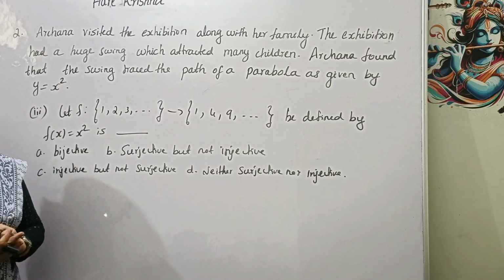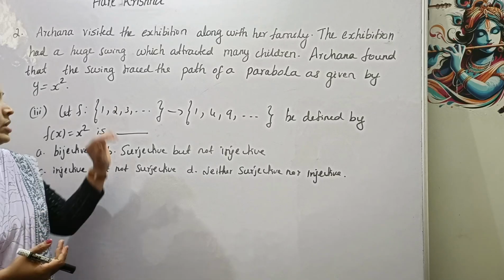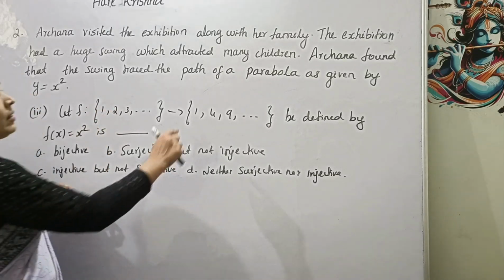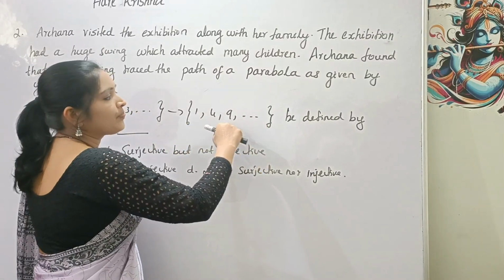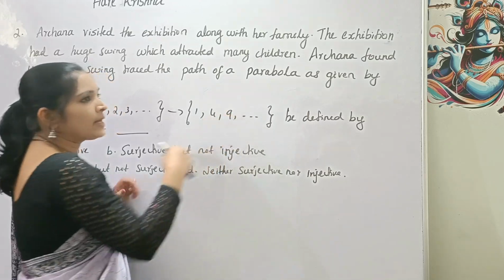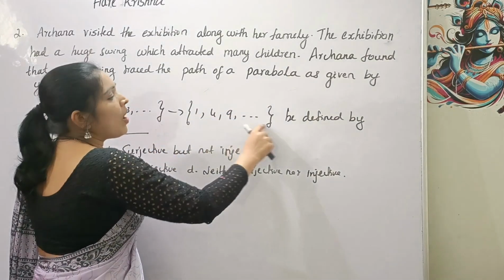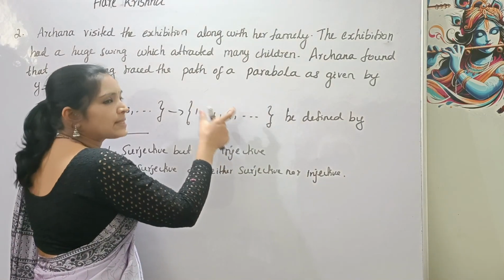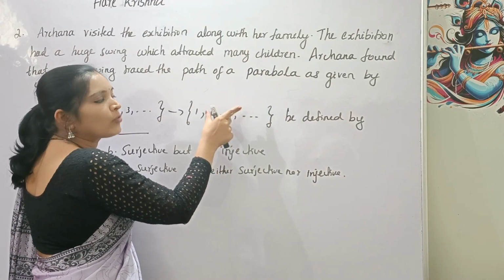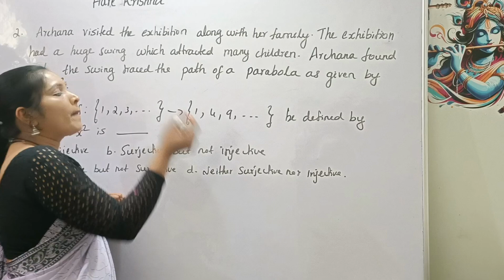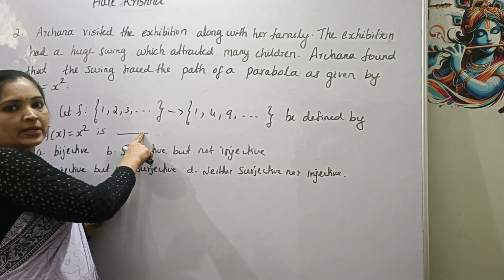Then, what about onto? What about surjective function? So, here, see, the elements are nothing but perfect squares, right? So, all the elements of the codomain have preimages in the domain, right?